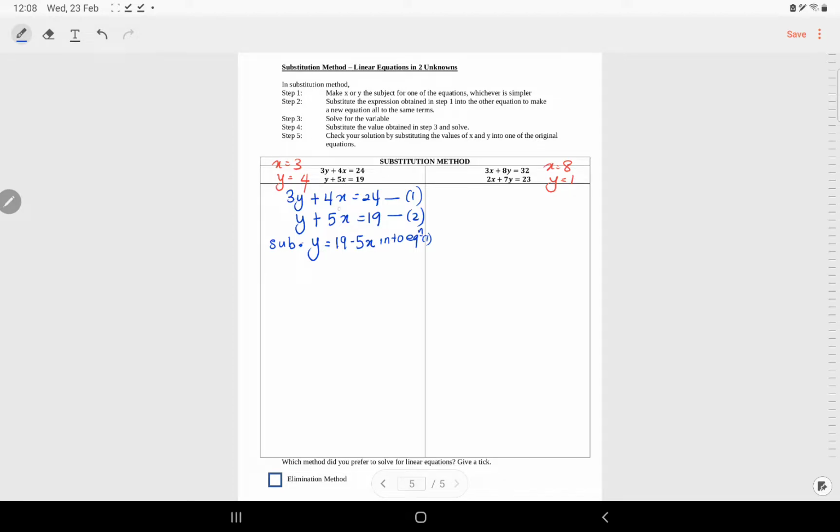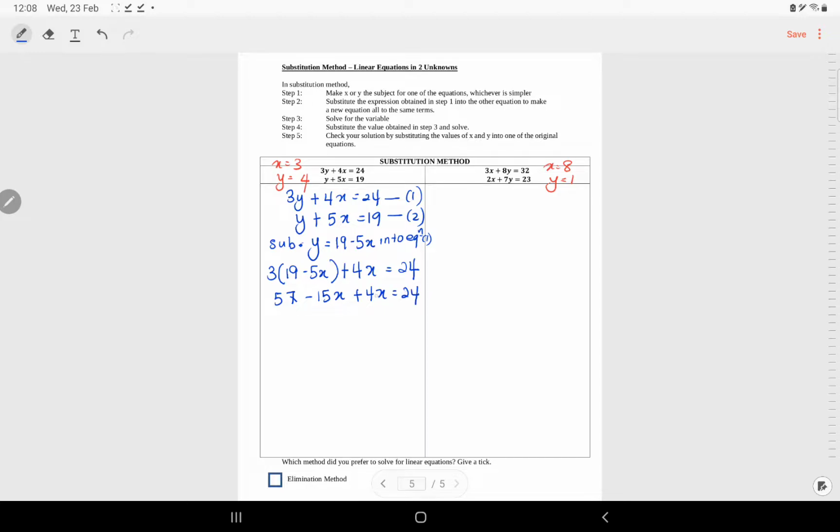So equation 1 becomes 3 multiplied by (19 minus 5x) plus 4x equals 24. If you multiply 3 times 19, that gives 57 minus 15x plus 4x equals 24.